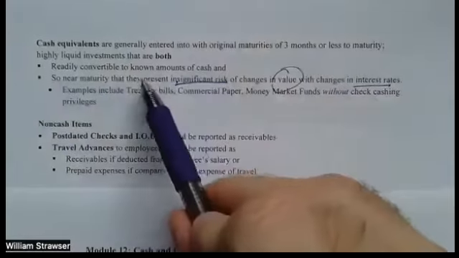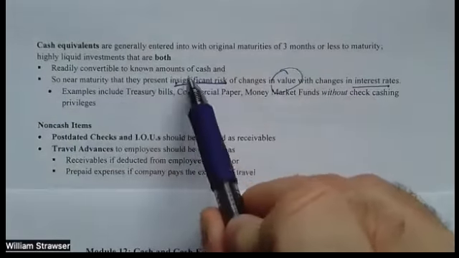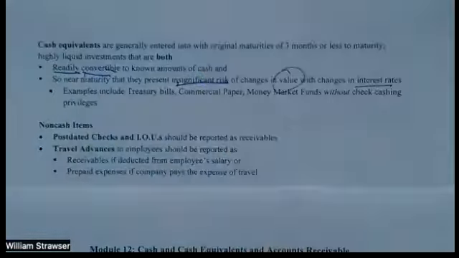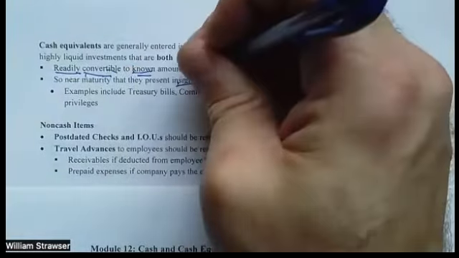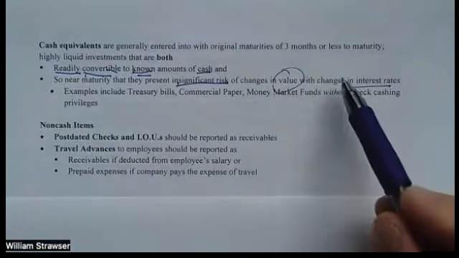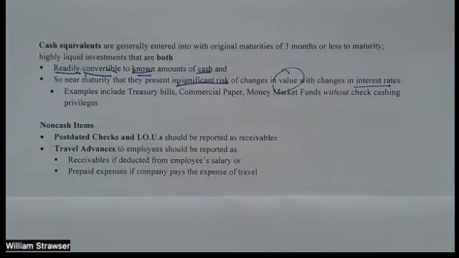Readily convertible to known amounts of money is the first criterion. I can sell it off, I can get it back, and at known amounts. There's not this uncertainty that interest rates can embed in the value of what I'm going to get back.